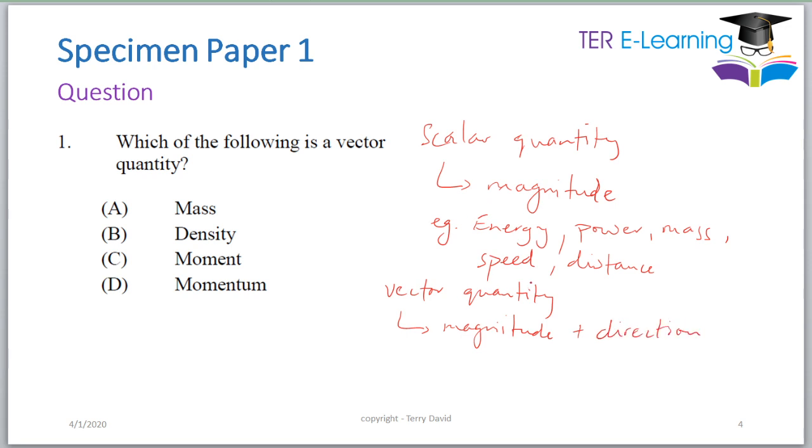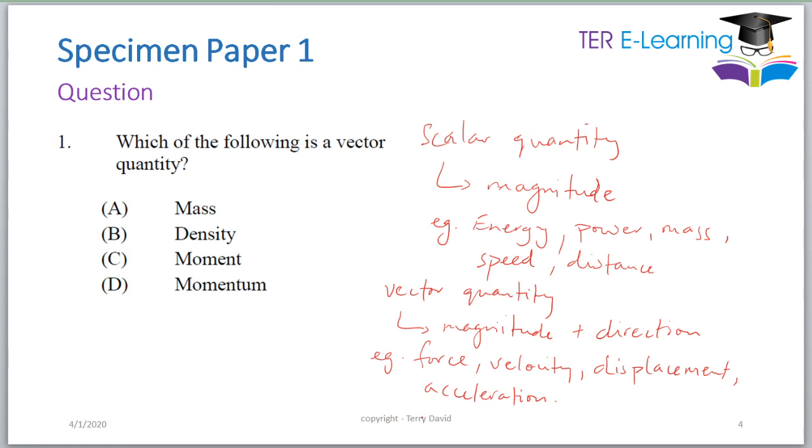Examples of vector quantities are things like force, velocity, displacement, and even acceleration. These are just some examples. You could get a question pertaining to this. Which of the following is a vector quantity?